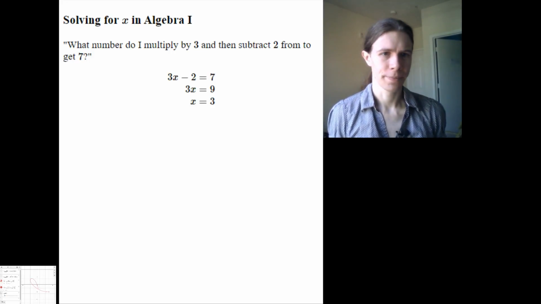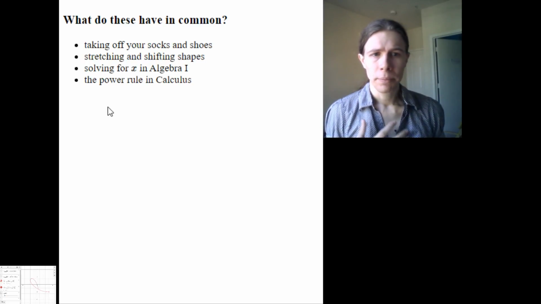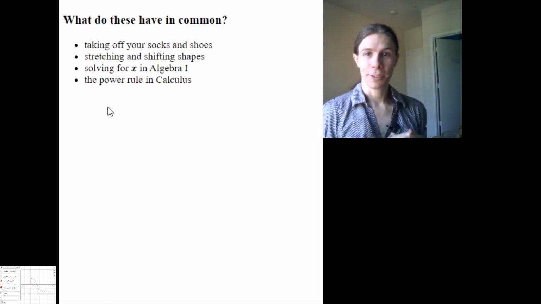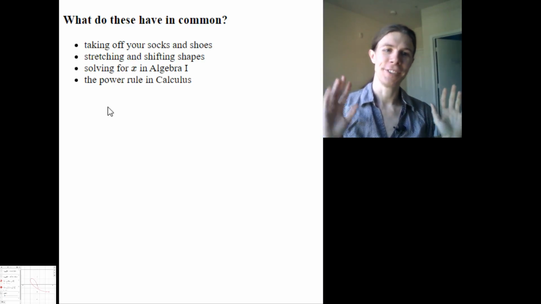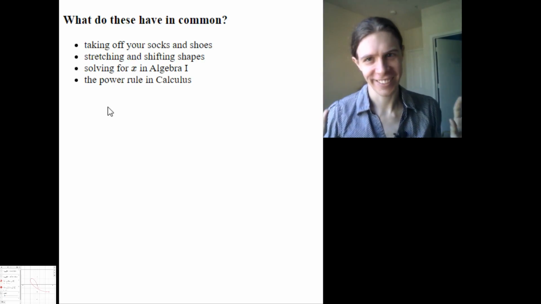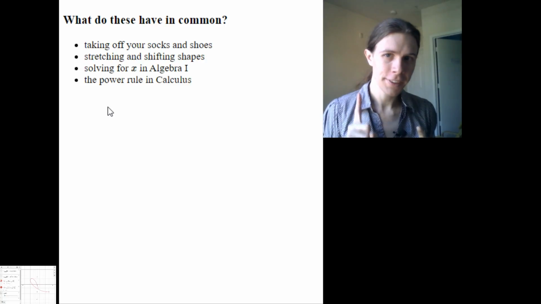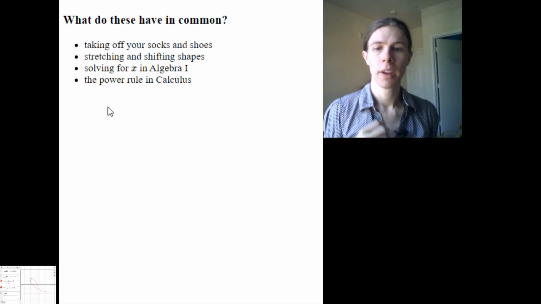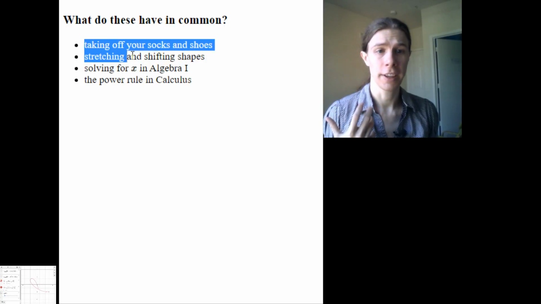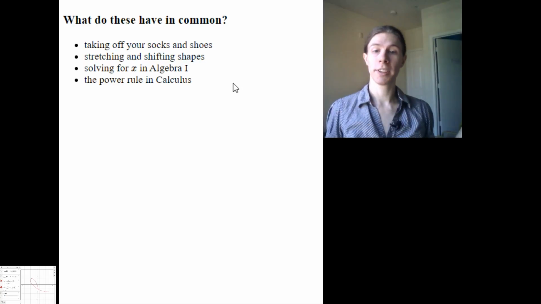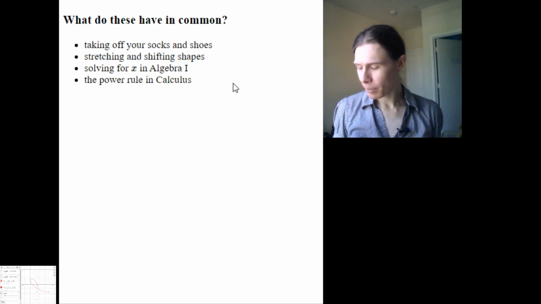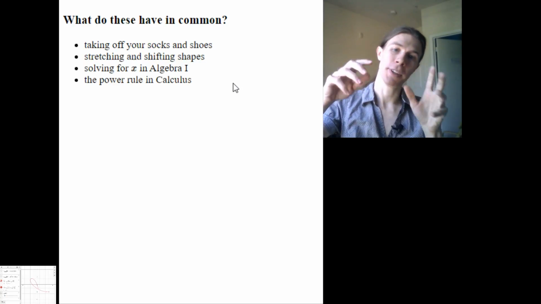So that's a thing. Frequently, people think that is just symbol manipulation that has no tying to any of these other things. But there is something actually going on there. And I want to call attention to how similar it is to taking off your socks and shoes. In the morning, when you wake up, you put on your socks and then you put on your shoes over that.